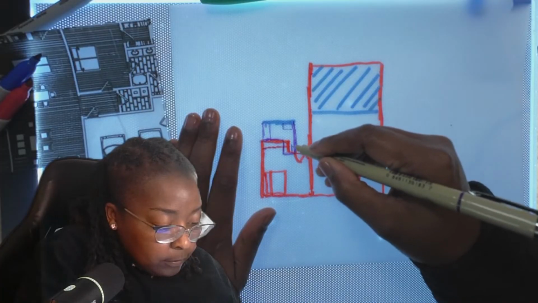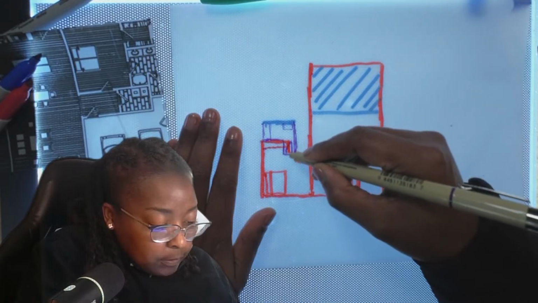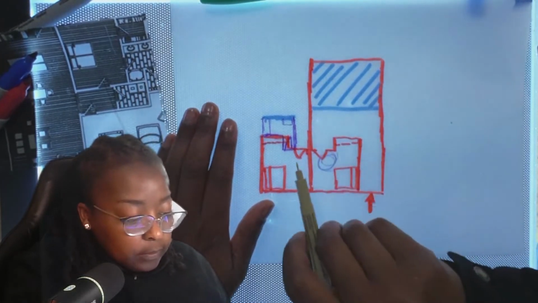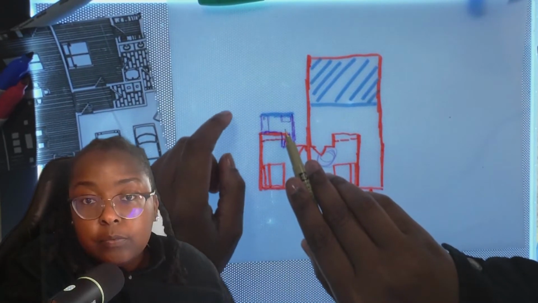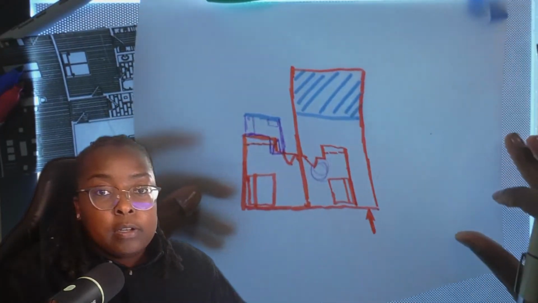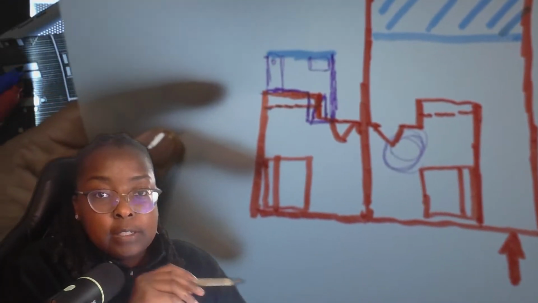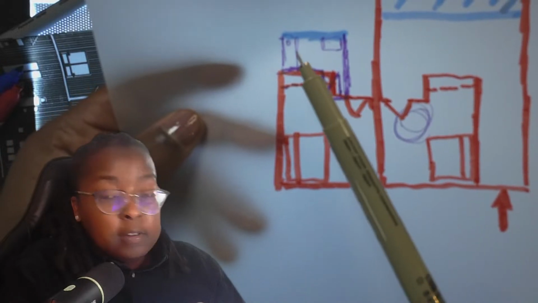And then we add a door here. Maybe I can bring it up. Wish I could have a zoom feature. But there we go. Alright, so basically this is our plumbing wall.